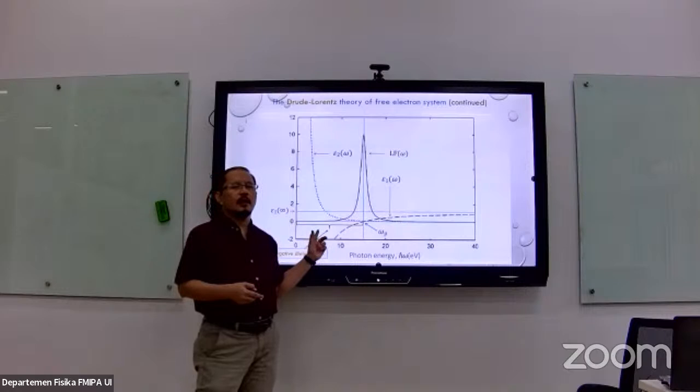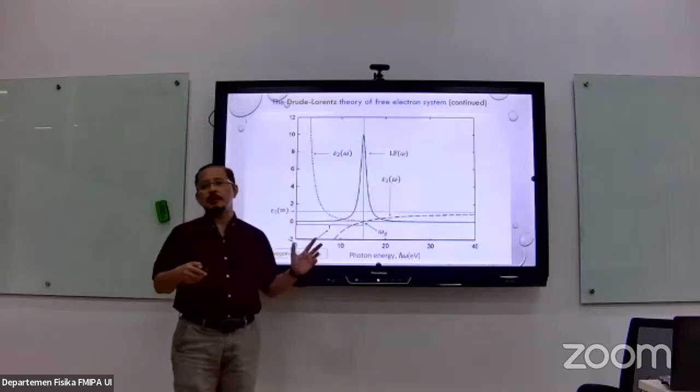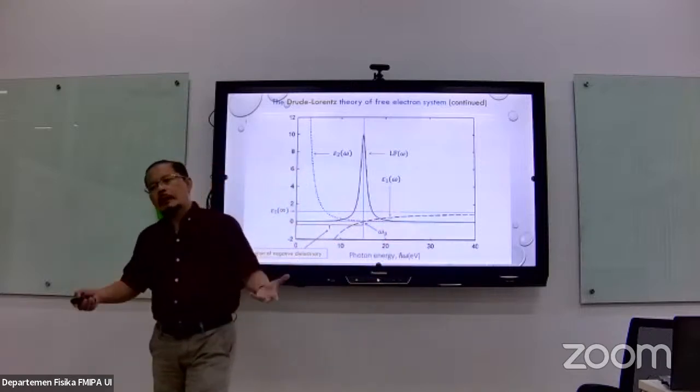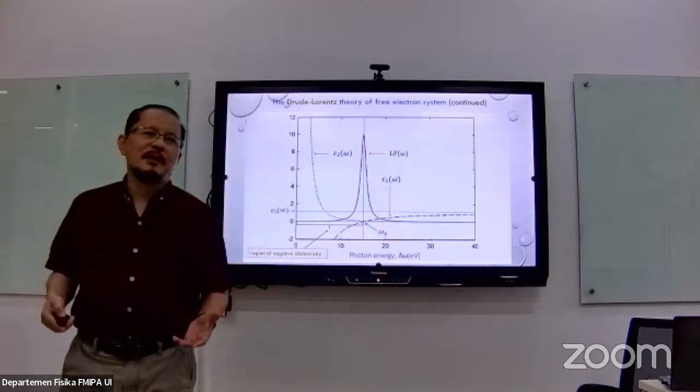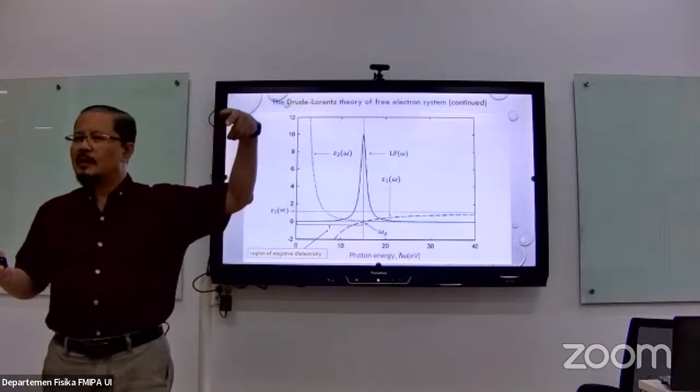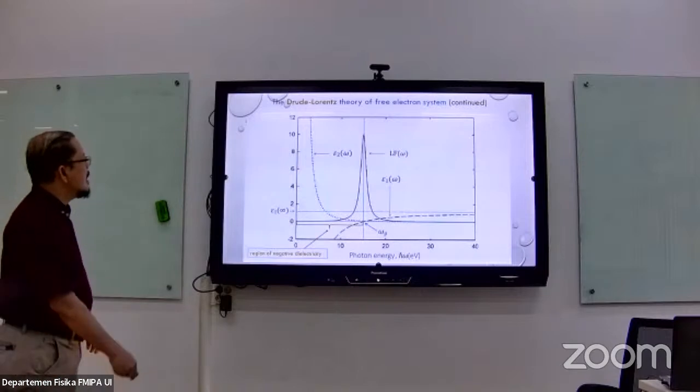So if we talk about electromagnetic waves beyond visible light, which is in this region, then metal is not reflective. Metal may be something that the wave can simply approach. Okay.